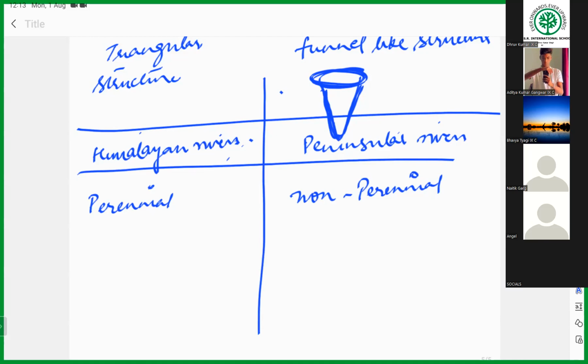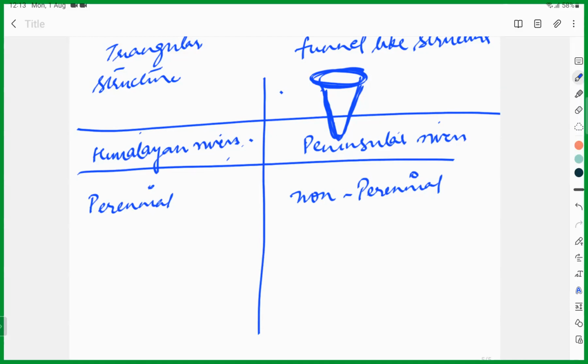Ma'am, perennial rivers are the rivers that flow throughout the year. Perennial means those rivers, Himalayan rivers are called perennial rivers because their origin is from the Himalayas, and Himalayas are snow fed. They are covered with snow throughout the year. That is why the rivers that originate from the Himalayas have water throughout the year.